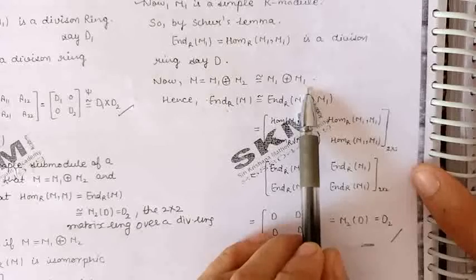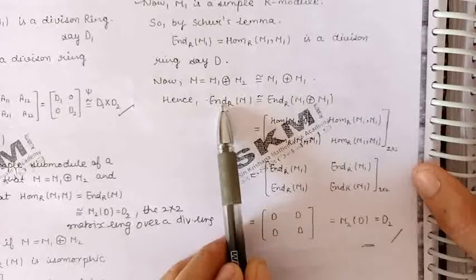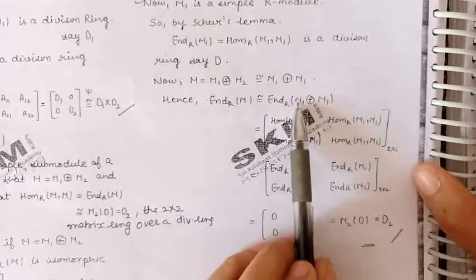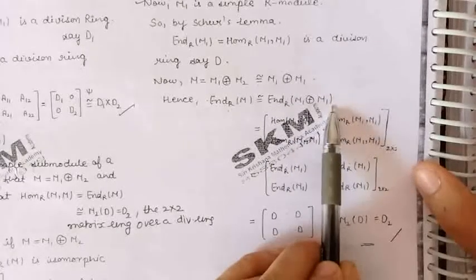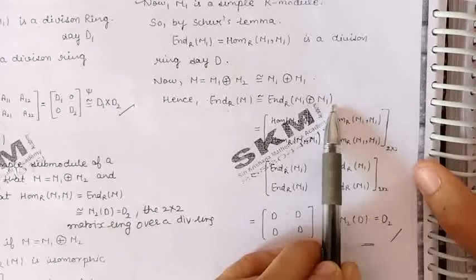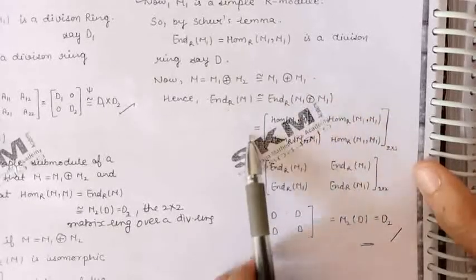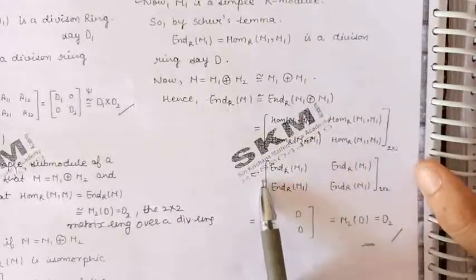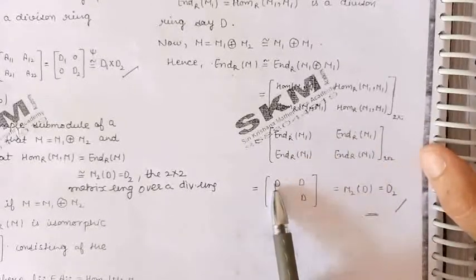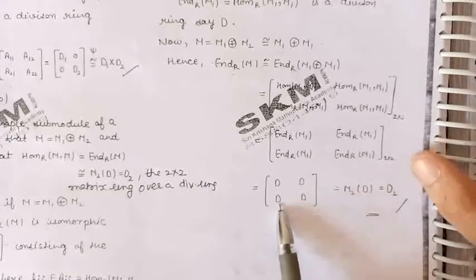So we can say that the ring of endomorphisms of M will be isomorphic to the ring of endomorphisms of M1 direct sum M1. And by the theorem which we discussed earlier, this will be isomorphic to the ring having the entries D, D, and here also D.